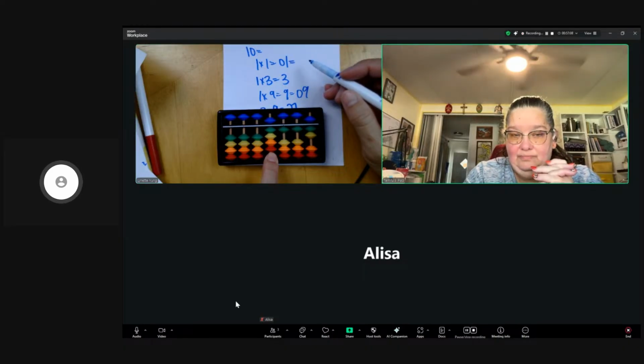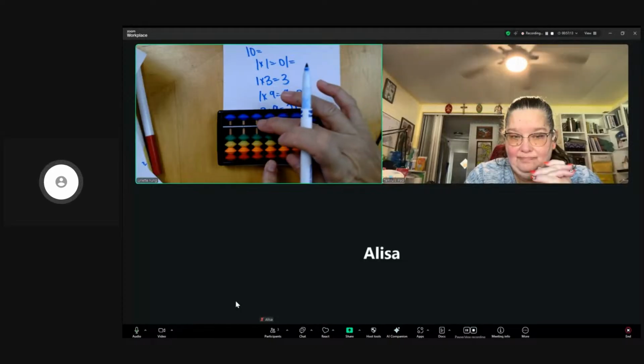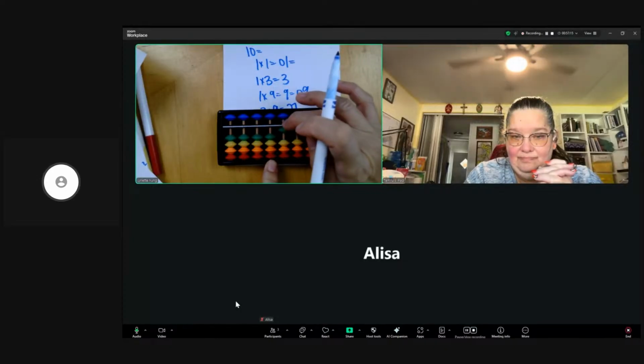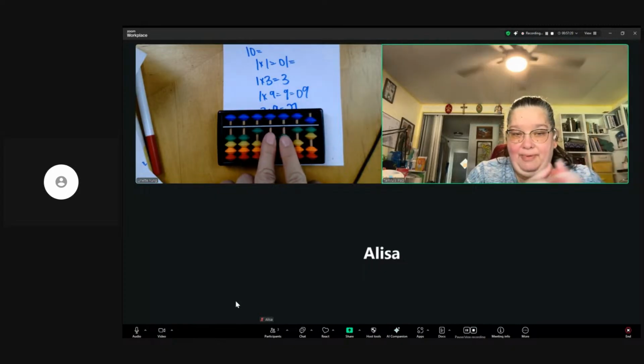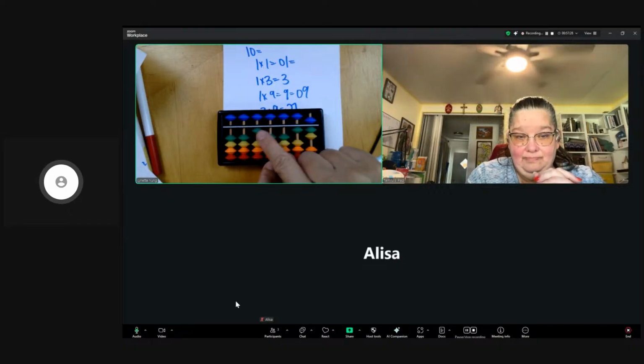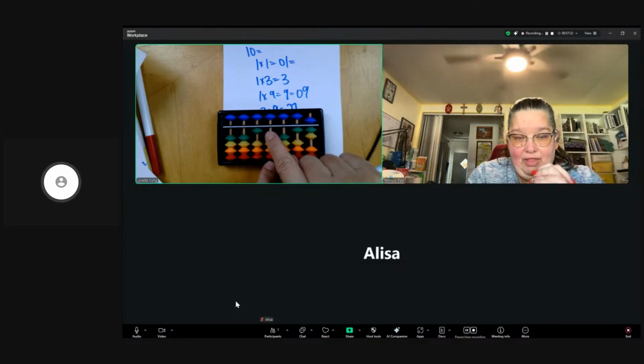Yeah, this is where it blurs the dividend and the divisor. So we had 1 times 1. You already have your answer here. It's 10. It's a 1 and a 0. That's the answer.